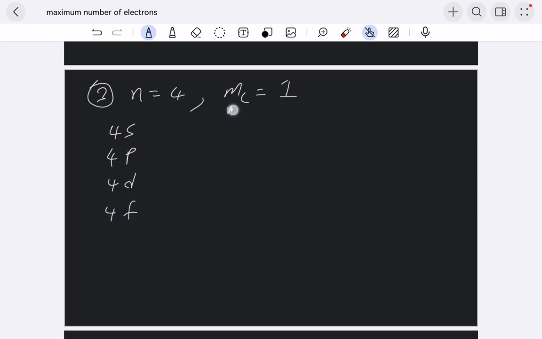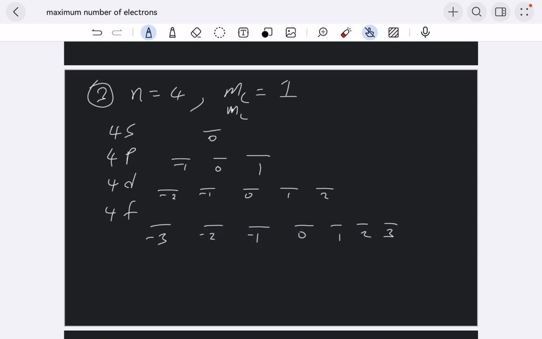Then when we come to the ml, we have 0 for s, negative 1, 0, 1 for p, negative 2 to 2 for d, and negative 3 to 3 for f.